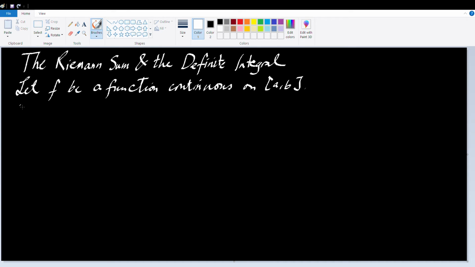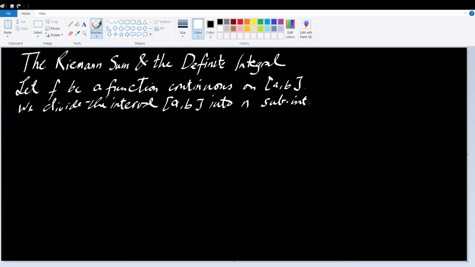We divide the interval AB into n subintervals, not necessarily of the same length, not necessarily equal.